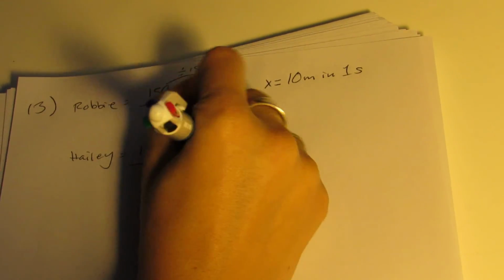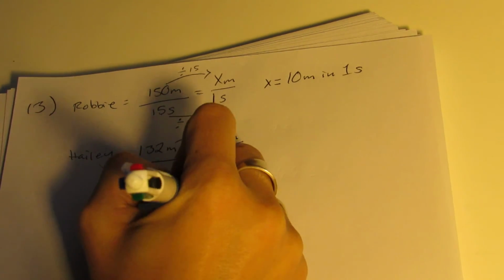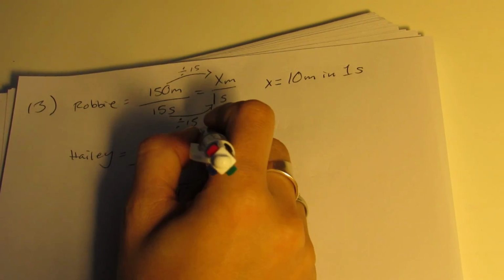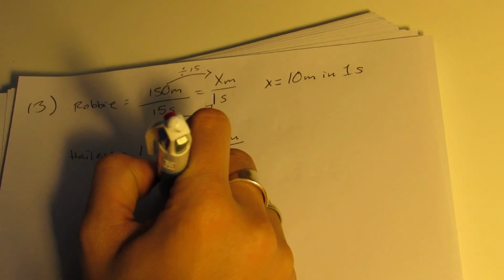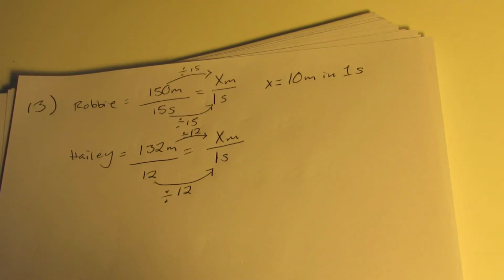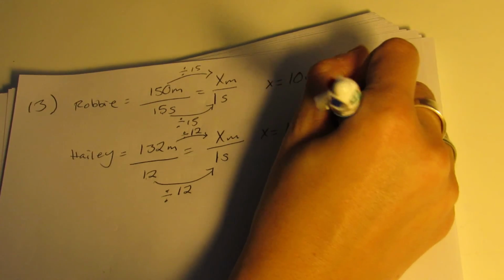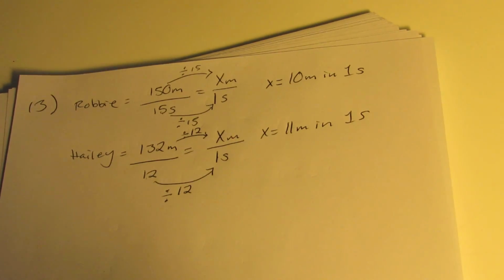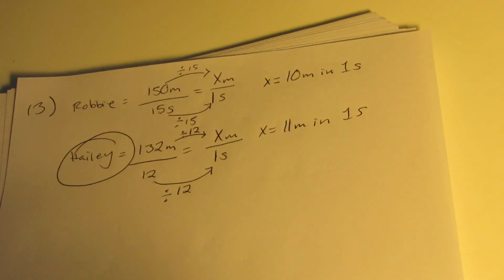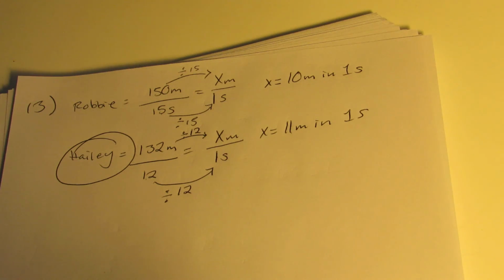And if I do the same thing for Haley, if I go to 12 to 1, I'm going toward x, toward 1, I divide by 12, I divide by 12 on the top as well. So 132 divided by 12 gives you x is equal to 11 meters in 1 second. Again, this is not a better buy. This is who runs faster. That is Haley, and she can run faster by 1 more meter than Robbie.